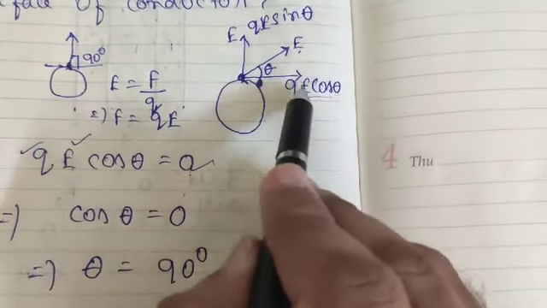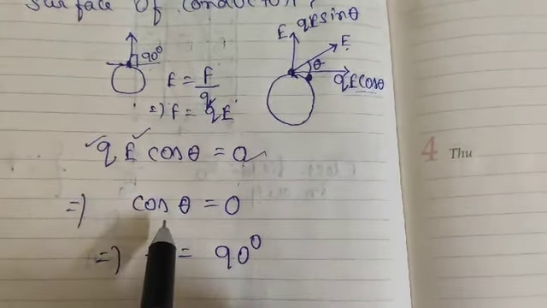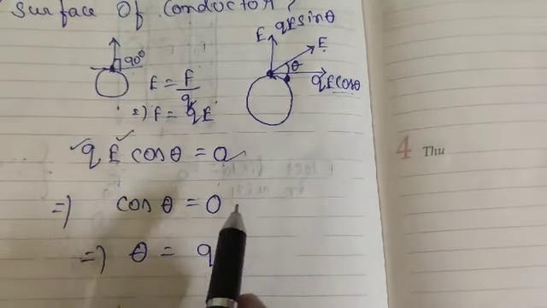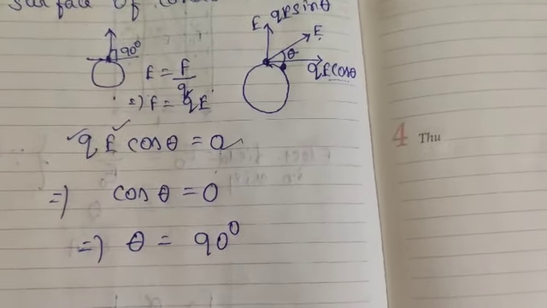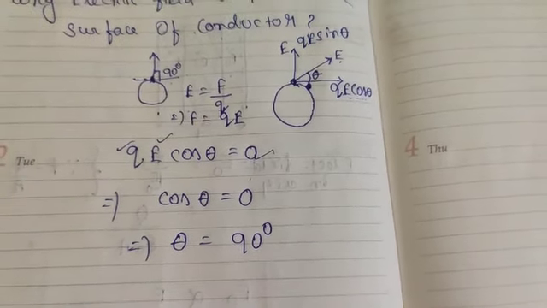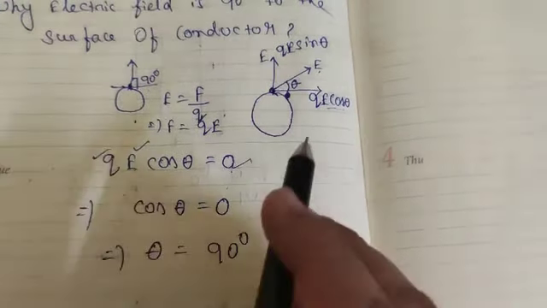So the component of force QE cos theta is not working. So QE cos theta is 0. So cos theta equal to 0, because QE cannot be 0. Cos theta equal to 0. So what is your theta? 90 degree, right?